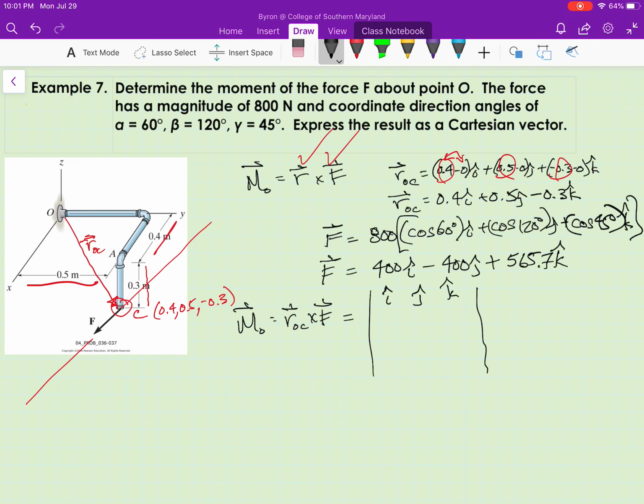The second row is going to be the magnitudes of the ij and k components of our position vector, 0.4, 0.5, negative 0.3. And the third row is going to be the magnitudes of the ij and k components of our force, which are 400, minus 400, 565.7.